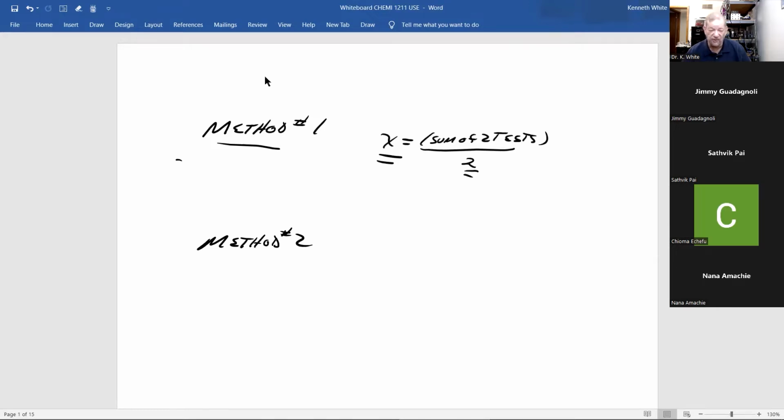Now remember, I drop the lowest of the 2 tests. By the way, this is assuming you're handing in your labs. Hand in your labs, please. Method 2: Y is equal to the highest score. You should have your test score.